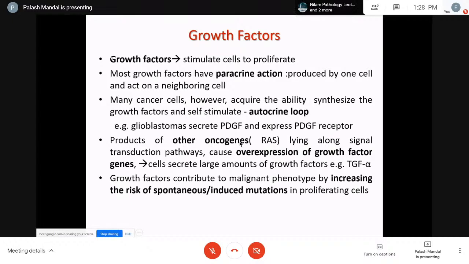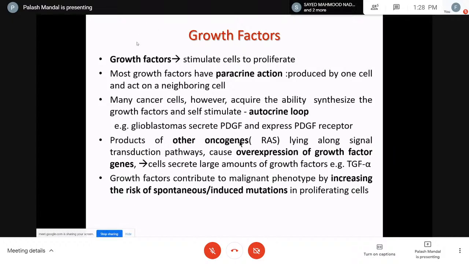You need to produce growth factors. Growth factors are present in all of us, because the growth factors have to drive the cell cycle. Growth factor has to attach to the growth factor receptor on a cell and drive the cell cycle. So they are present in all of us, because all of us, the cells are proliferating.